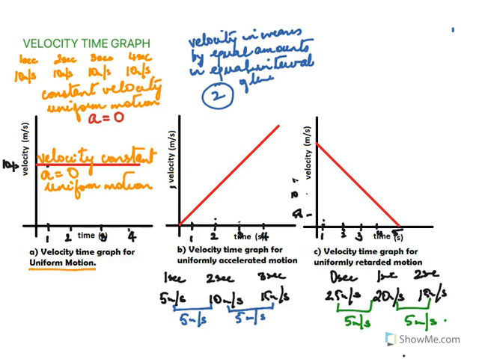In this case we will say that the velocity keeps increasing but increases uniformly. So it's uniform acceleration. Why uniform acceleration? The velocity does increase but uniformly. And in this case we will say it is retardation, because the velocity is decreasing, but it is uniform retardation.